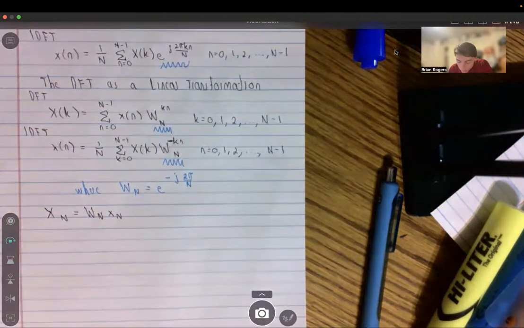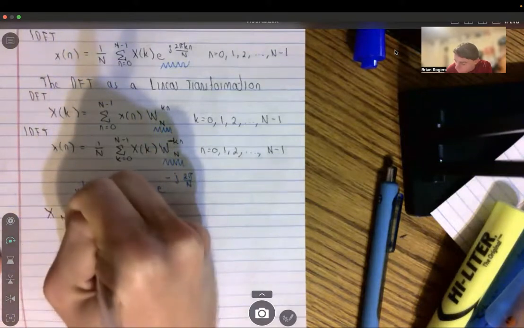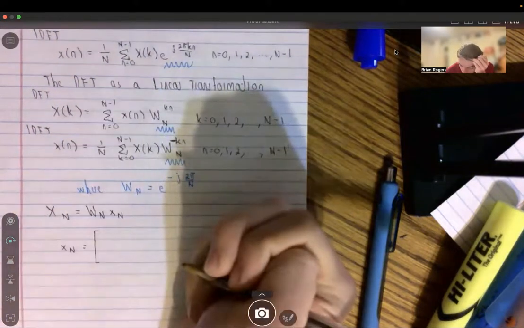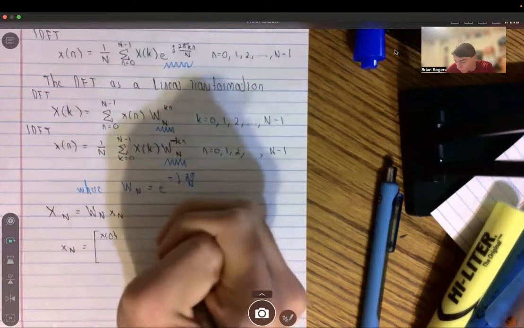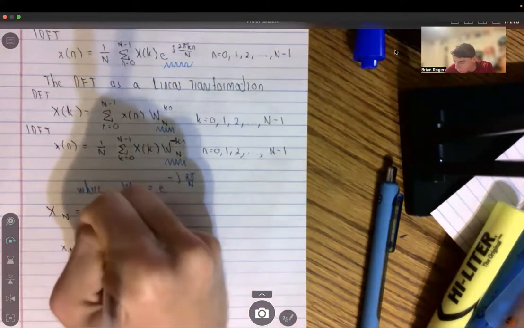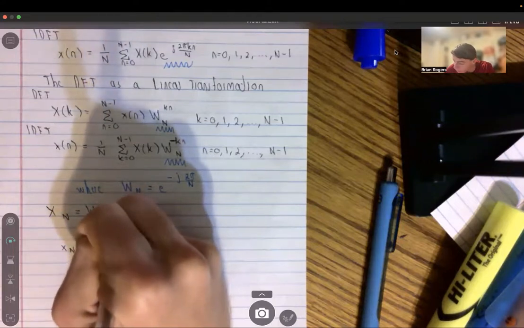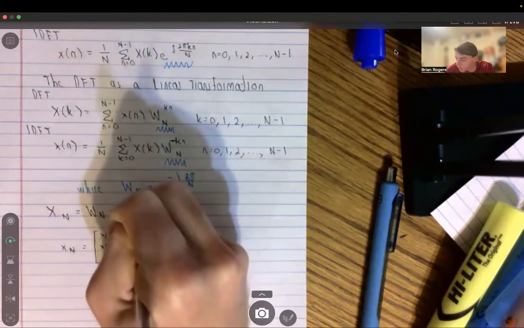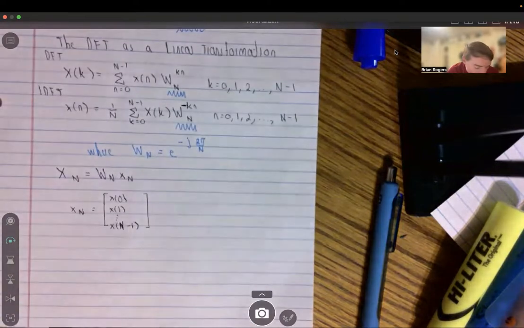So what are these all representing? Basically, you'll usually be given a vector of values for lowercase x of n. So it's x of 0, of course, the first index, x of 1, and it goes all the way up to x of capital N minus 1, because capital N is the length of the vector, but because you start at index 0, you have to subtract 1 so it doesn't go out of the proper indexing.